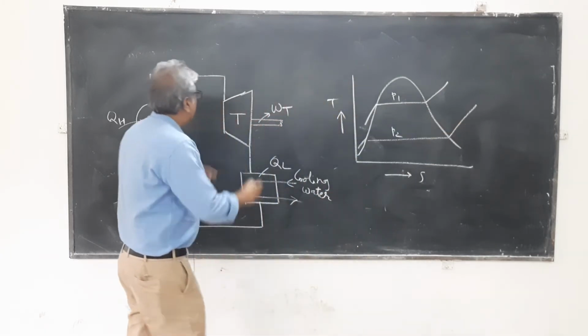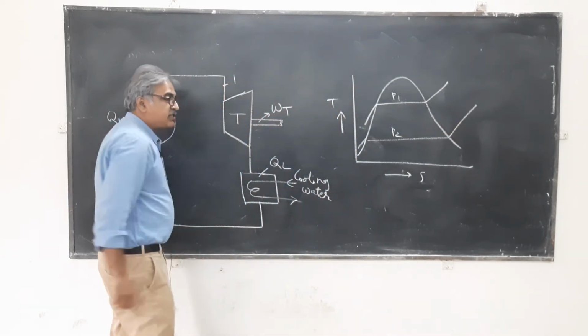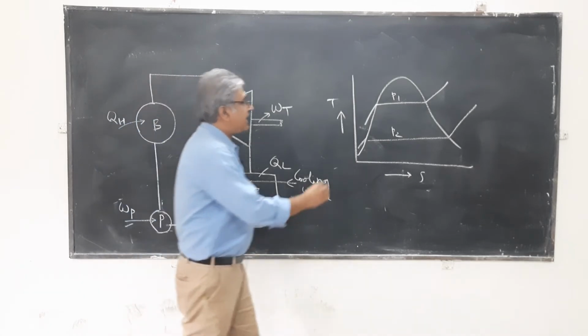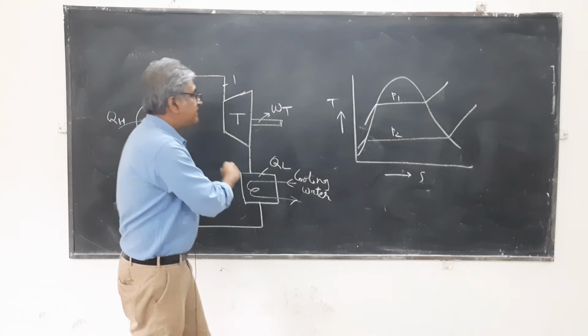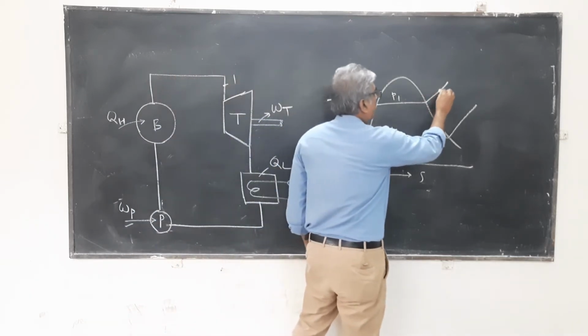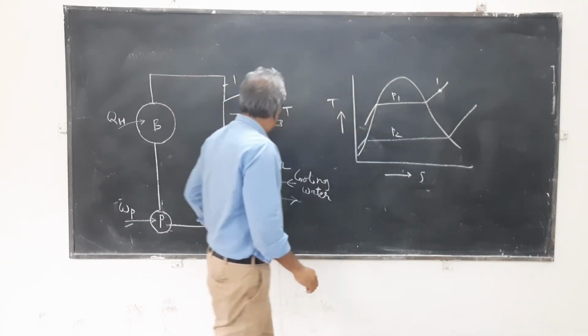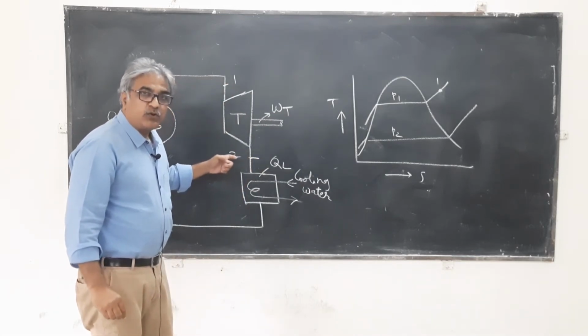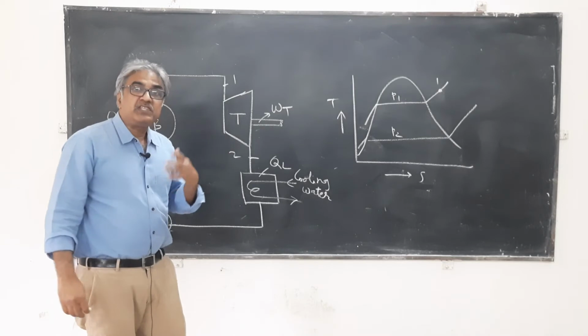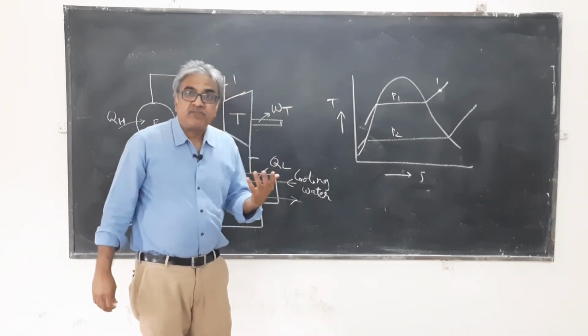Let us say at point 1 the steam is superheated, at high pressure, and at high pressure it enters the turbine. So, this is point 1, and at point 2, the expansion, as I told you, is reversible and adiabatic, which means it is a constant entropy expansion.